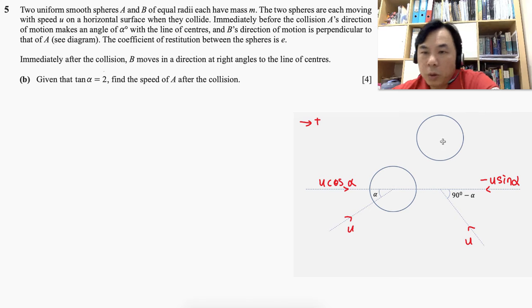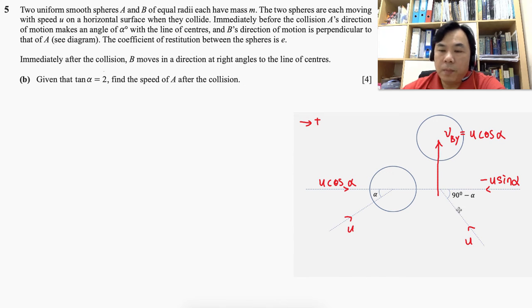Now we know that B is moving in this direction, so therefore the vertical velocity of B is given by u cosine alpha. Knowing that the x component of B is equal to 0, because there is no horizontal component for the motion of B.